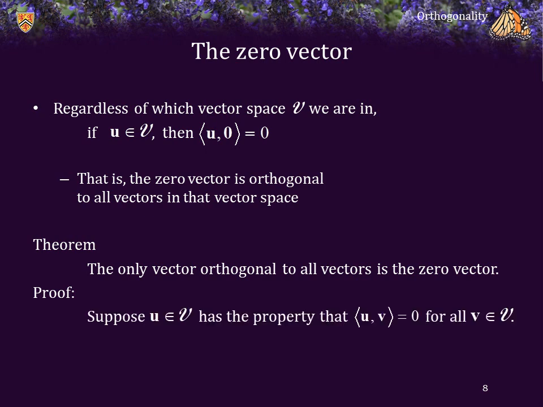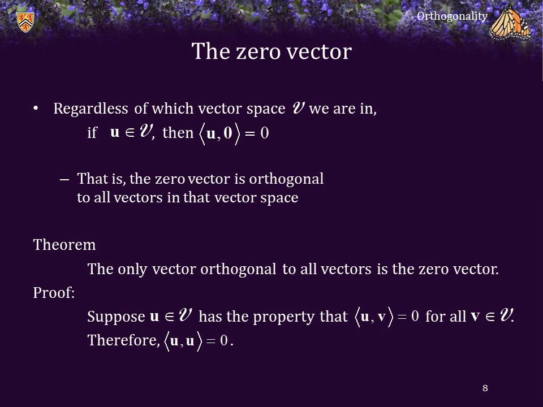Proof. Suppose u is a vector in the vector space V that has the property that the inner product of u and v is equal to 0 for all vectors v in that vector space. Well, if it's true for all vectors v, then it's also true specifically for u. So therefore, the inner product of u and itself must be equal to 0.